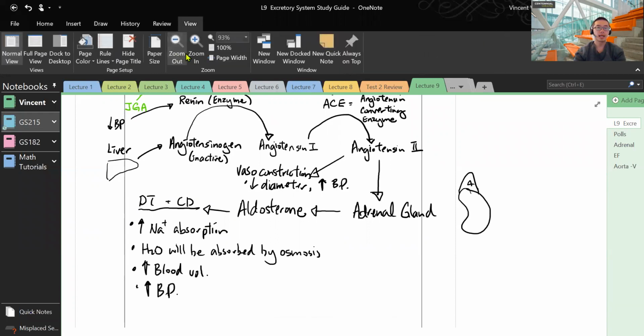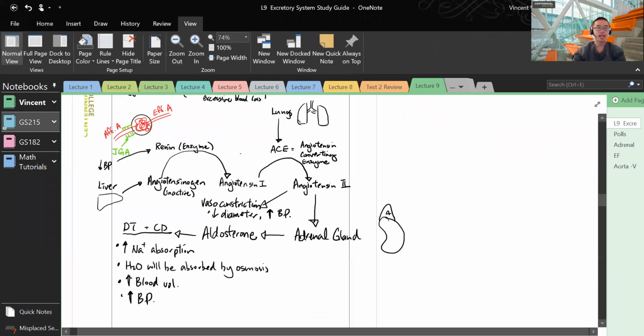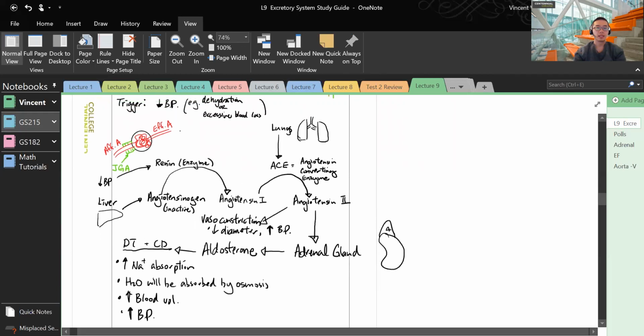So that's basically how the RAS is going to work. The RAS system is going to help increase the blood pressure. Any question about RAS before I talk about the counteracting force of this?